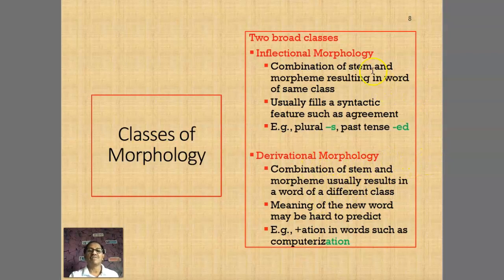Right? That is the difference between inflectional morphology and derivational morphology. Inflectional morphology deals with inflections where the class does not change. Derivational morphology deals with derivational suffixes or prefixes where the derived word may have a different class, and may have a different meaning too.